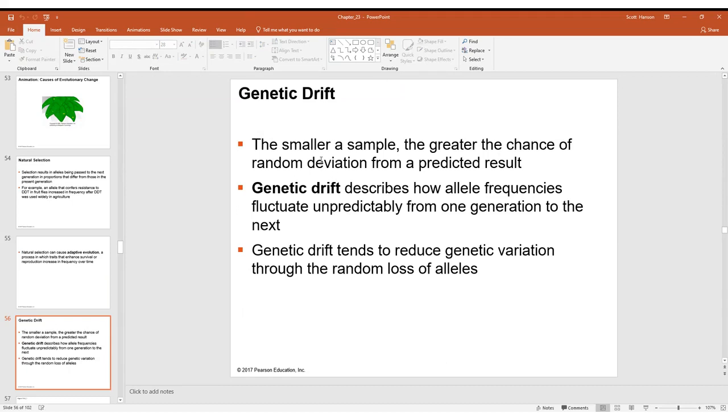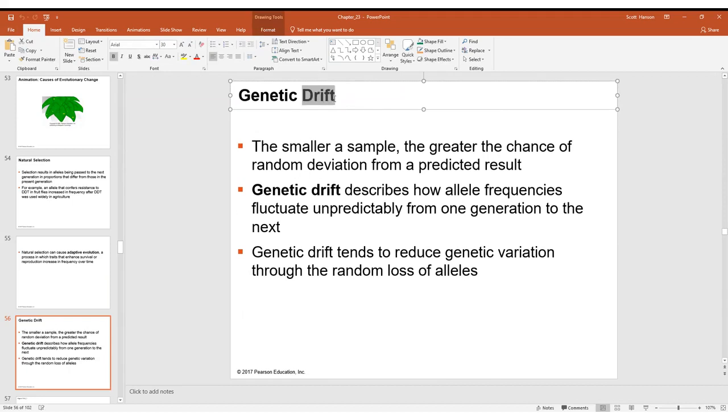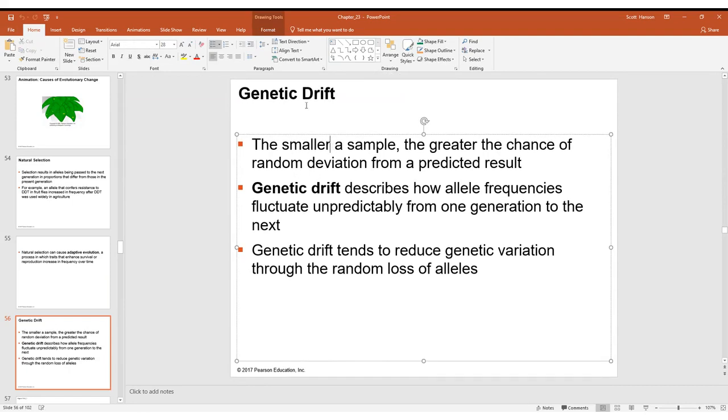Genetic drift is kind of an interesting phenomenon. And drift is like a random movement, right? So genetic drift is actually a random shift in allele frequencies in a population, and we'll see this now. When you are looking at a population and you take a sample of individuals from that population, you're actually taking a group of individuals and testing them for whatever it is you're testing for.